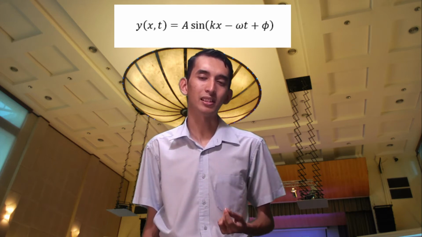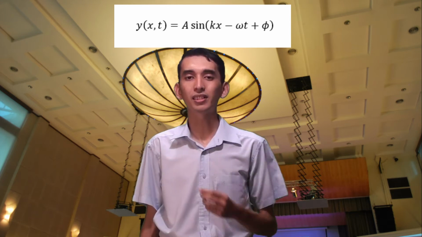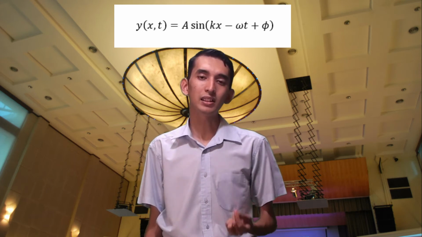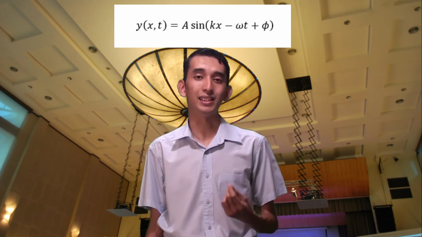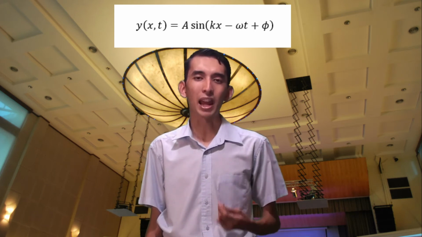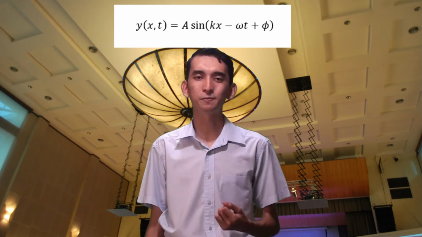Position x is the distance along the string or the x-axis, and it is measured in meters. t is the time measured in seconds. A is the maximum amplitude of the oscillation, and it is measured in meters.